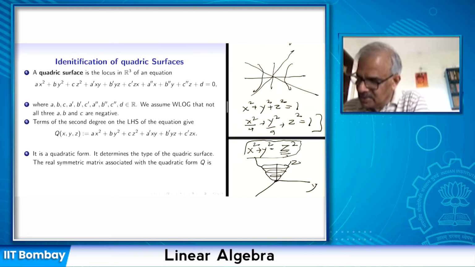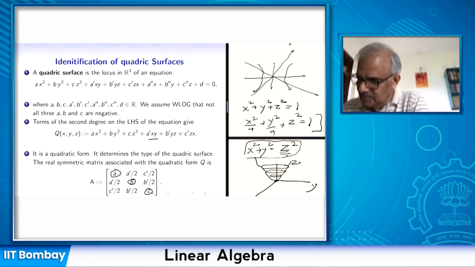The real symmetric matrix associated with this quadratic form is going to be 3 by 3 now, because the diagonal terms will be A, B, C, and then the other three terms, xy and so on. A, B, C are the quadratic terms.